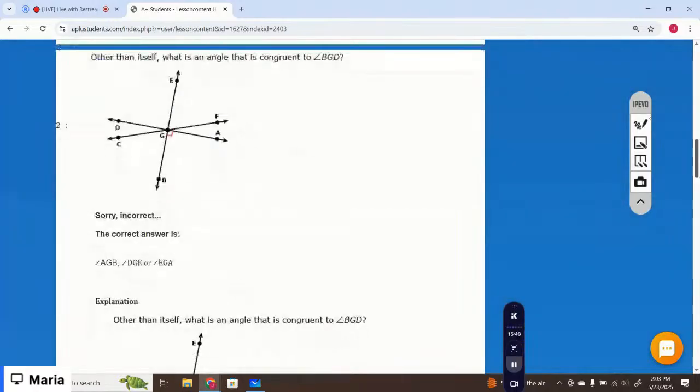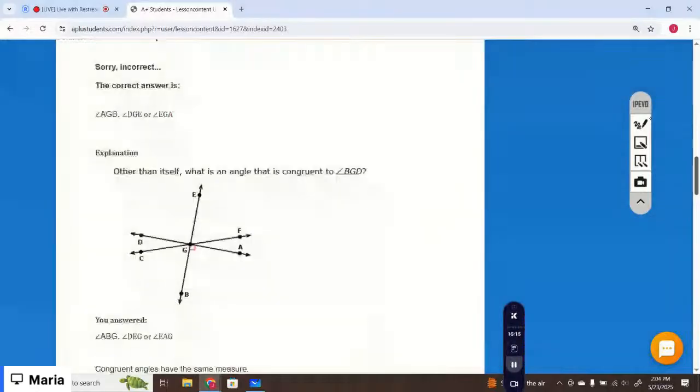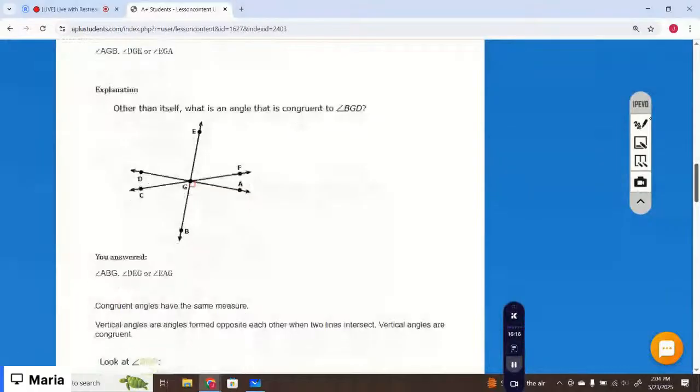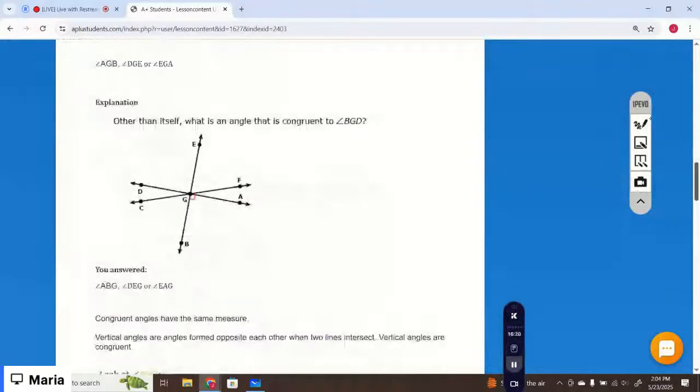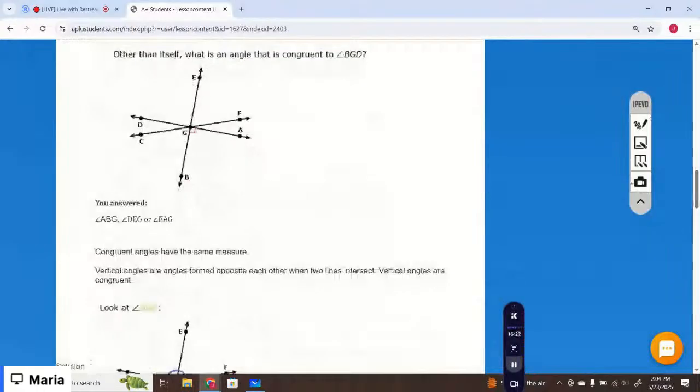What is an angle that is congruent to angle BGD? Other than itself, what is an angle that is congruent to angle BGD? Congruent angles have the same measure. Vertical angles are opposite each other.